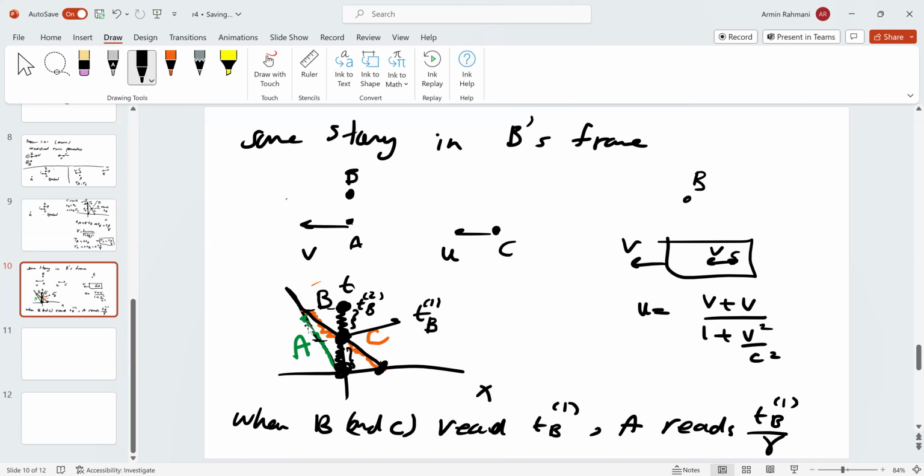Because ultimately we want to compare the times that A and C read on their own clocks. So we have to see what's the condition for A and C to meet. First, let's see. I can draw a bigger picture. Let's just focus on this region.